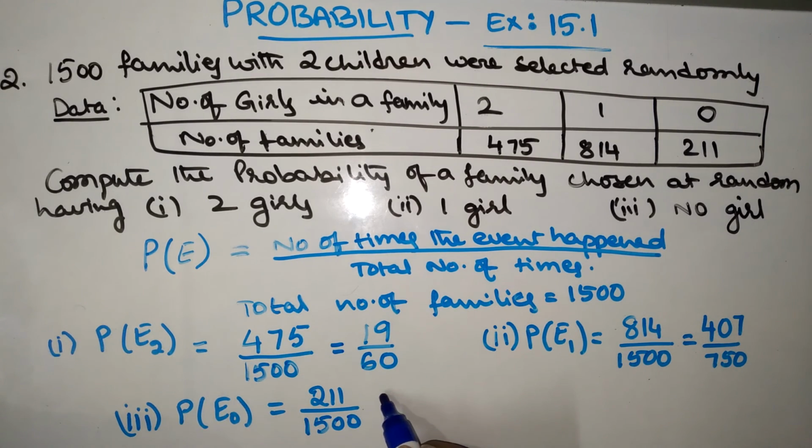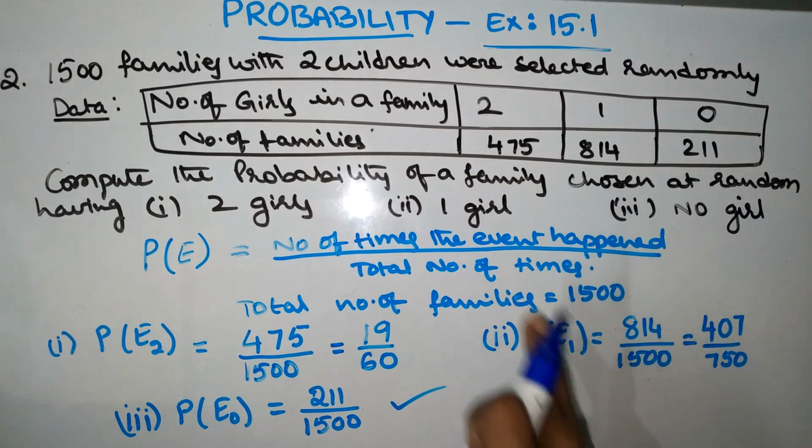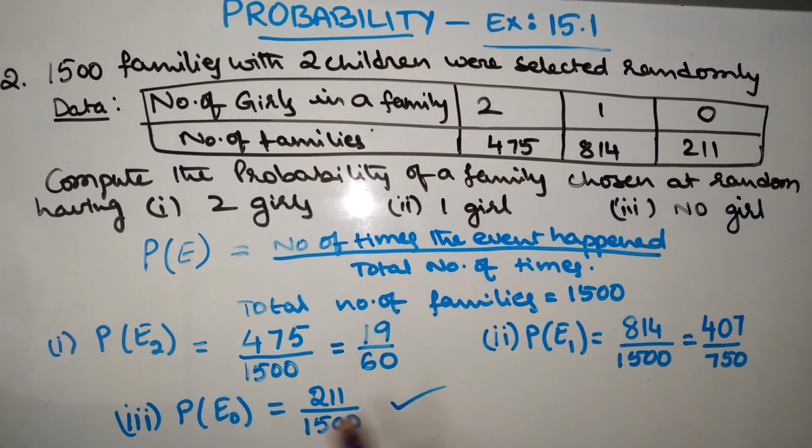Okay, I think it won't cancel out with any of the tables, so leave it like this. So we have found the probability of having 2 girls, 1 girl, and no girl. So that's it. Let us go to the next problem.